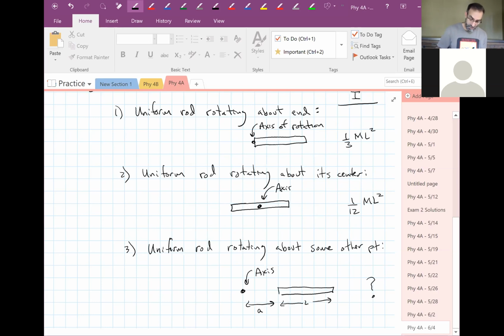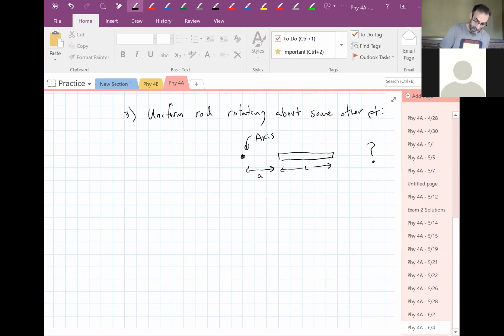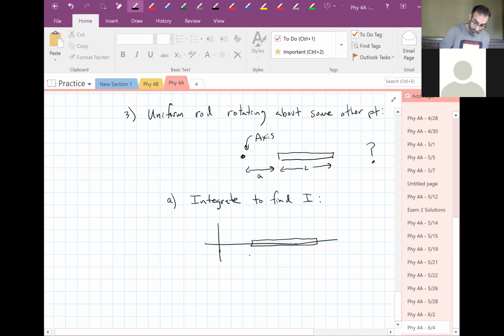Let's do that, and let's find the rotational inertia of this rod. I'm going to give you a minute, see if you can set up that integral.